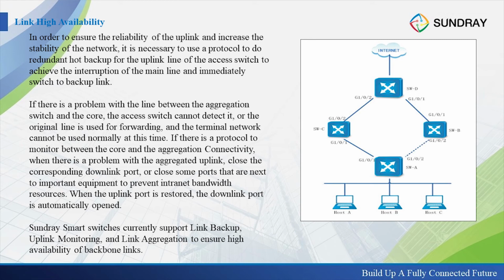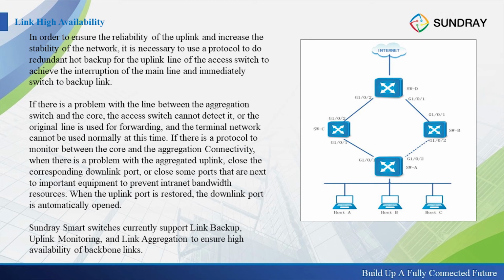If there is a problem with a line between the aggregation switch and the core, the access switch cannot detect it, and the original line is still used for forwarding, so the terminal network cannot work normally at this time.